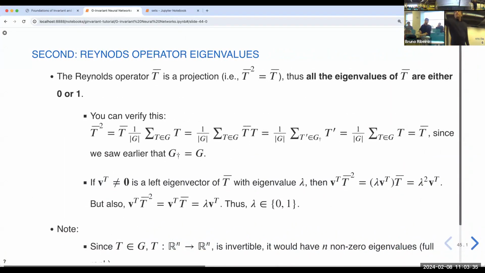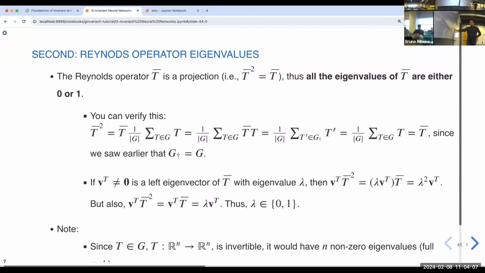The Reynolds operator is a projection operator, because if you do T bar squared, you get T bar back. And you can prove this quite easily. You just expand it, and then you can show that applying T twice is the same as applying it once. So it's a projection. And if V is not 0, consider all the left eigenvectors of T bar, the Reynolds operator, with eigenvalue lambda.